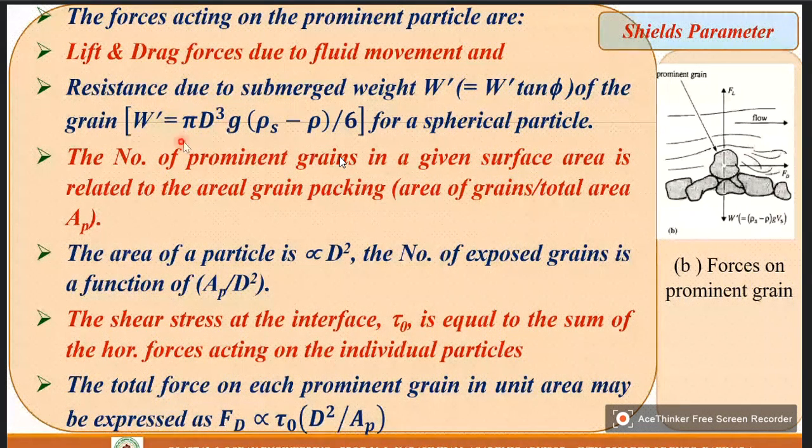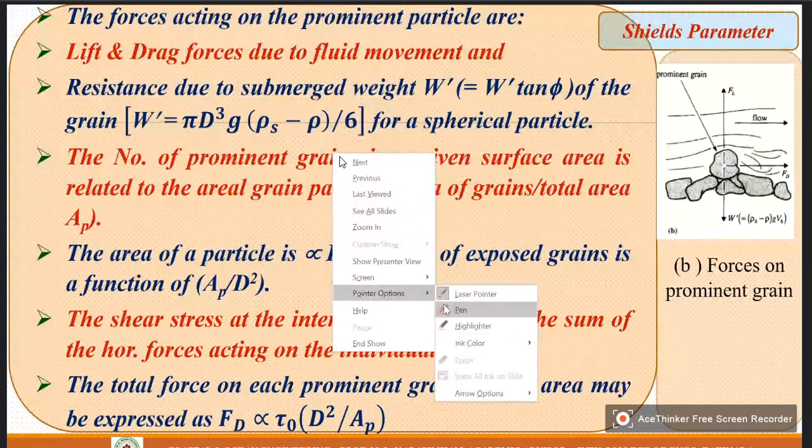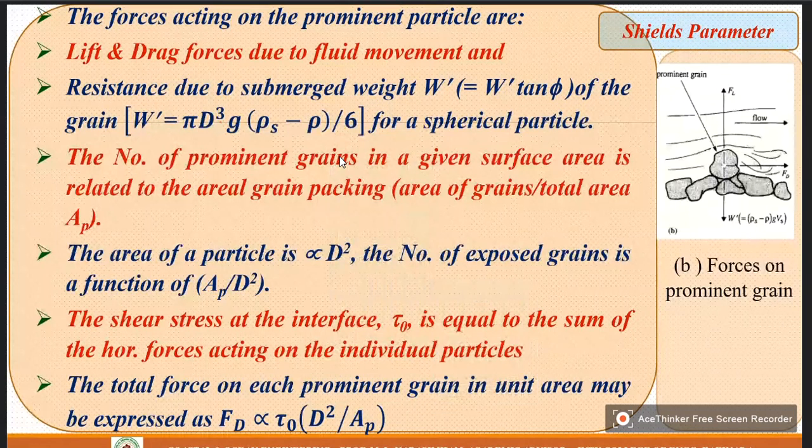That multiplied by pi d cubed by 6, which is the volume, and this is the submerged density.